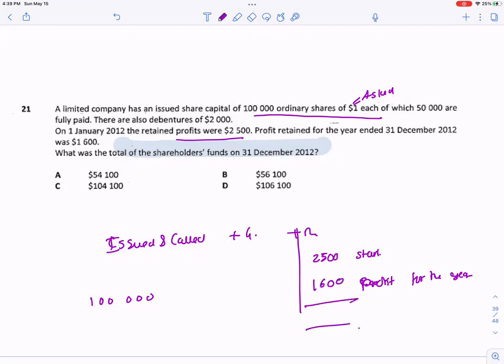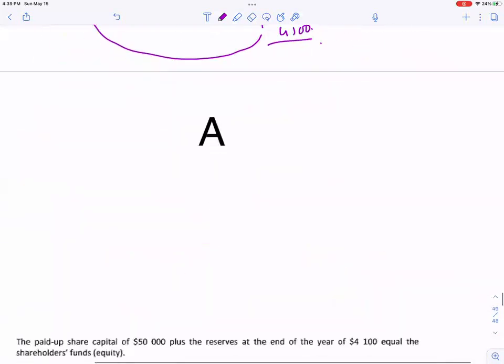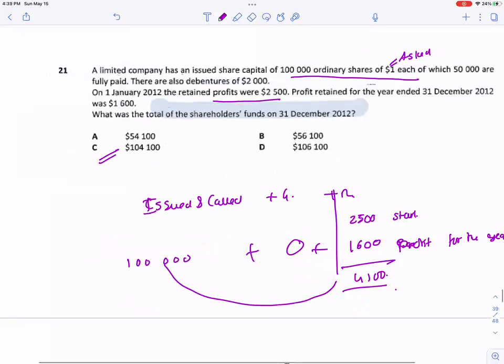So what is your total retained earnings? It is 4100. Do you have any general reserves? So total shareholders funds will be 104,100. This is option A.